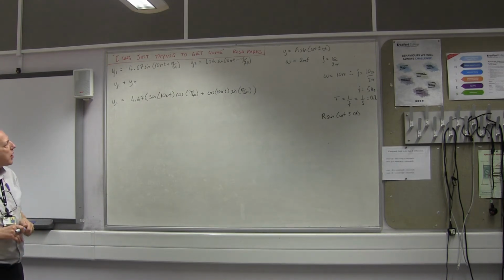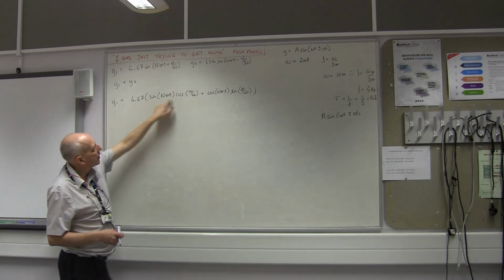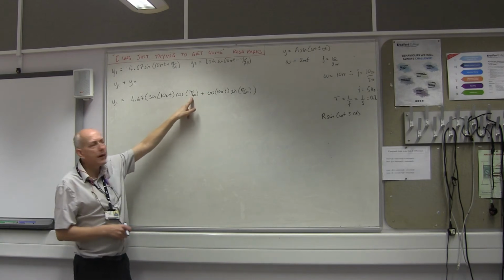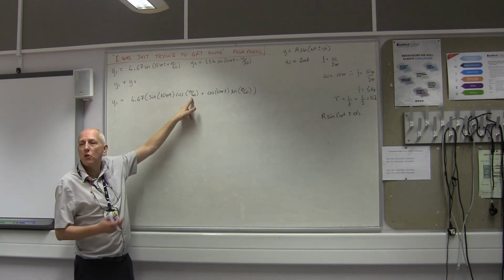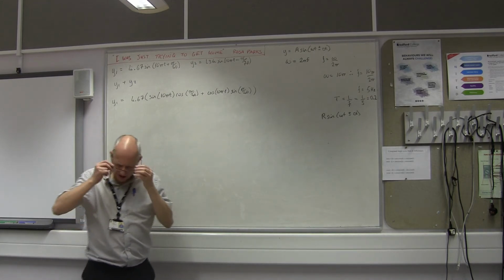Okay? So what I can do now to simplify this is, I can't do anything with this, and I can't do anything with this, but I can solve cosine pi divided by 40. That's going to be a number, and I put it in my calculator, it'll give me a number from that function.